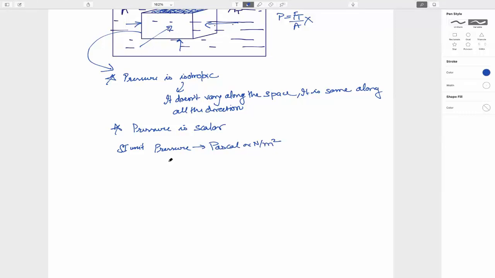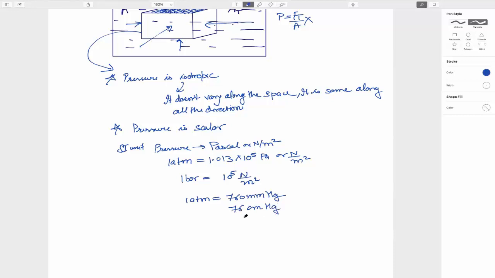We will encounter some questions where the unit of pressure is in atm, which is most commonly used, and it is 1.013 times 10 to the power 5 Pascal, or Newton per meter square. 1 bar is also used, that is 10 to the power 5 Newton per meter square. 1 atm is also 760 mm of Hg, or 76 centimeter of Hg, or 760 torr.